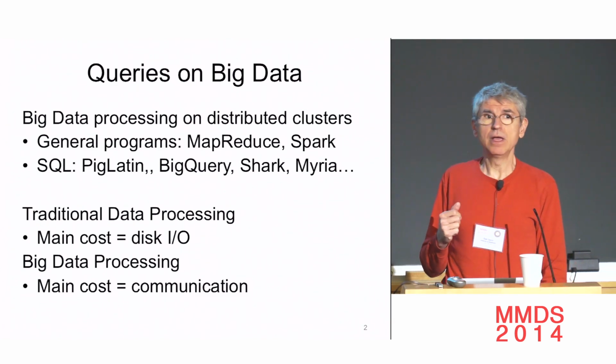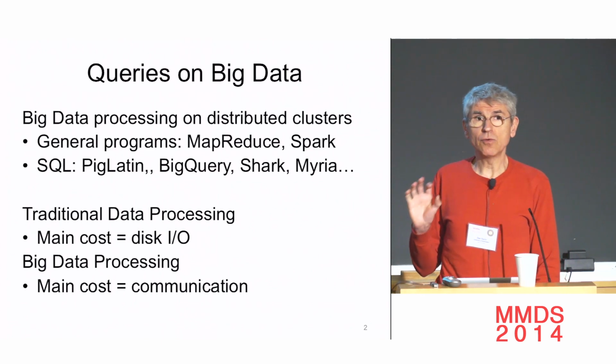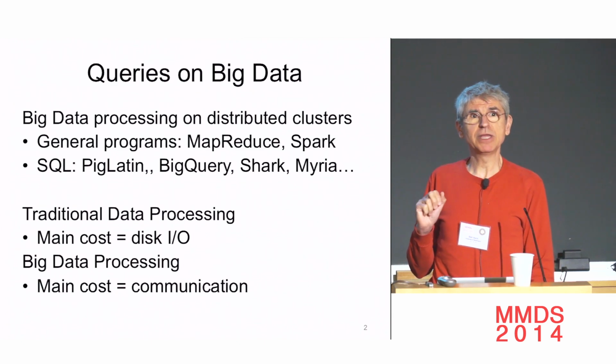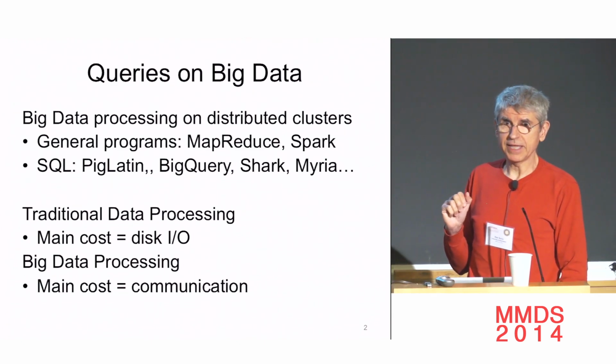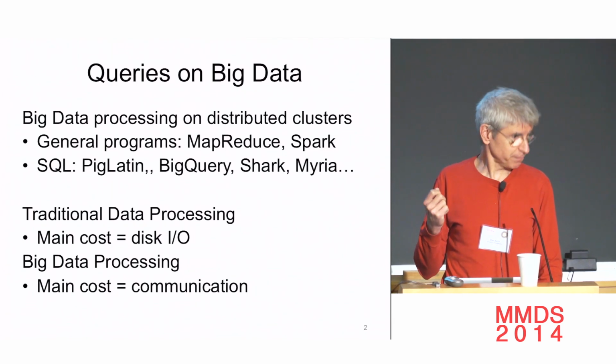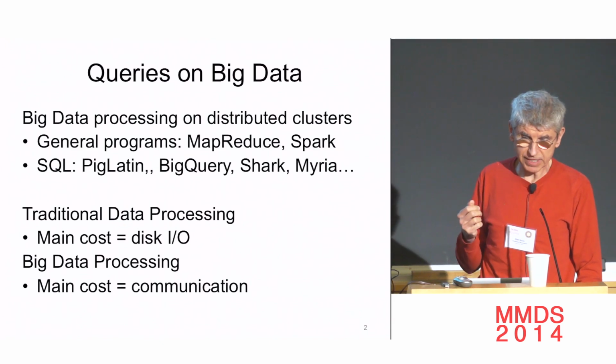And the question I want to ask is, how can we reduce the cost of processing these queries on distributed clusters? Now, these queries are traditional database queries, but the focus of traditional database engines has been on the I/O complexity, because this is where most of the performance loss went in getting the data from disk.